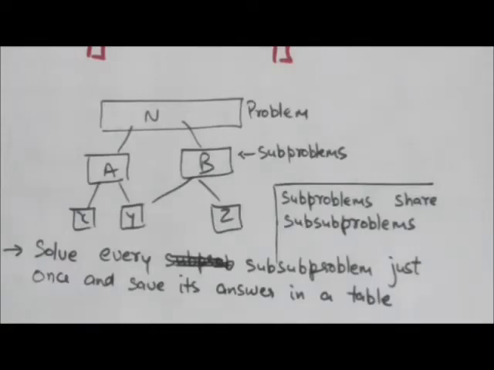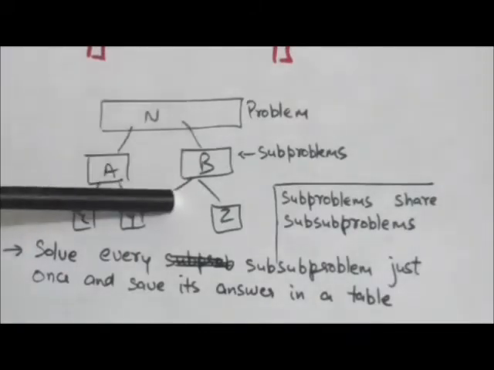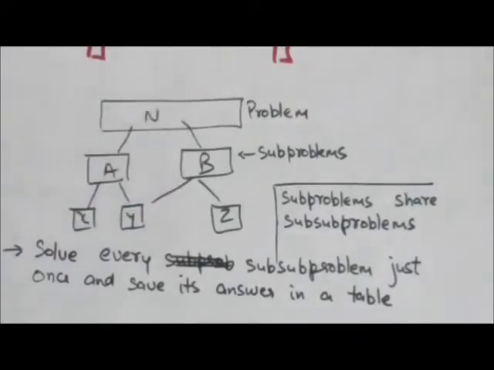If we solve subproblems A and B as they would be solved by a divide and conquer algorithm, then subproblem y will be solved twice: once in getting the solution of subproblem A and once in getting the solution of subproblem B. A dynamic programming algorithm does not solve common subproblems repeatedly.